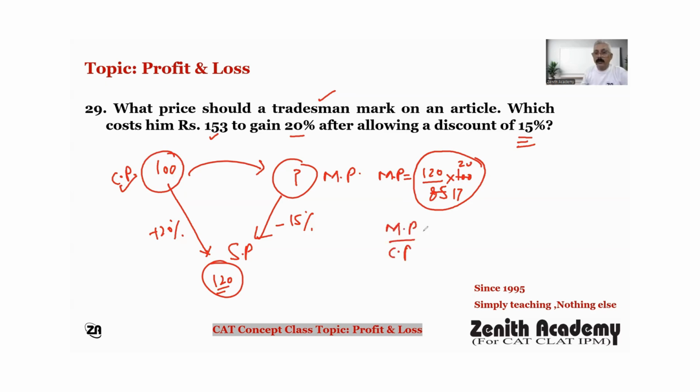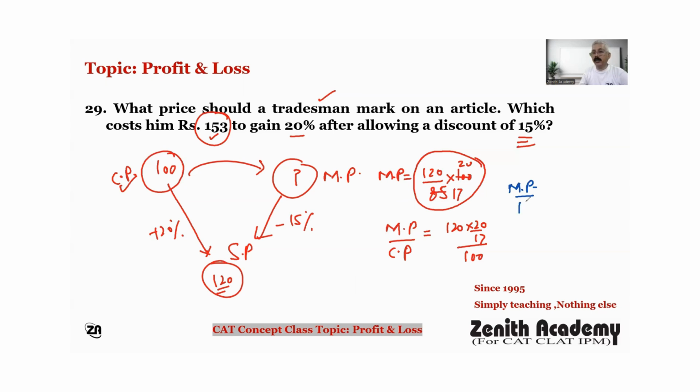So mark price upon cost price: mark price is 120 into 20 by 17 and the cost is 100. In the real scenario, the cost price is given as 153. So here you put 153 and get the answer.